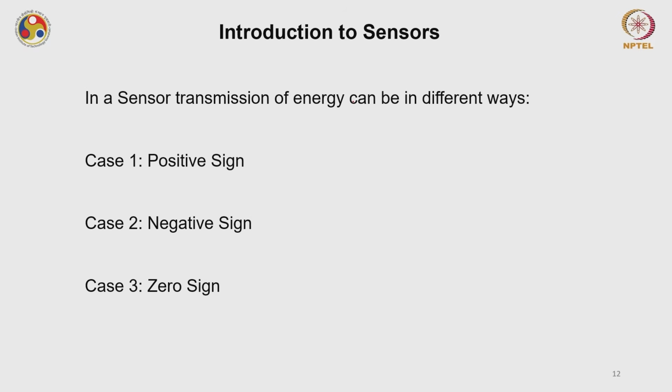In a sensor, transmission of energy can happen in different ways. It can have a positive sign, a negative sign, and a zero sign. Say, for example, I have a sensor here, and I have an object over here. This sensor is trying to find the object's position, and the object is moving in some trajectory.